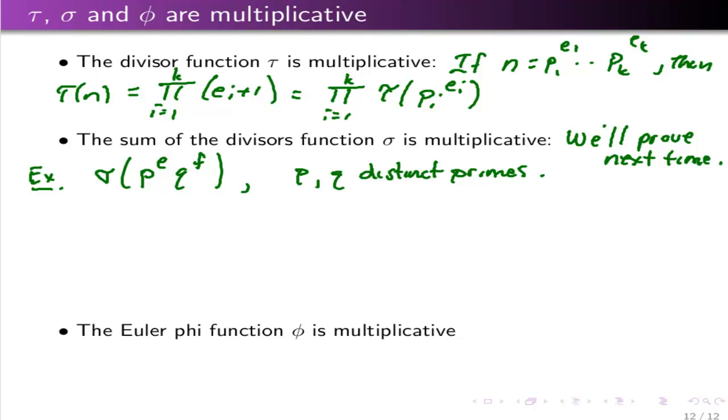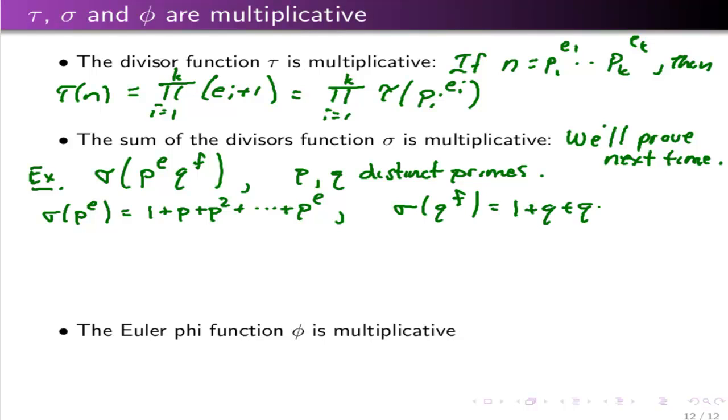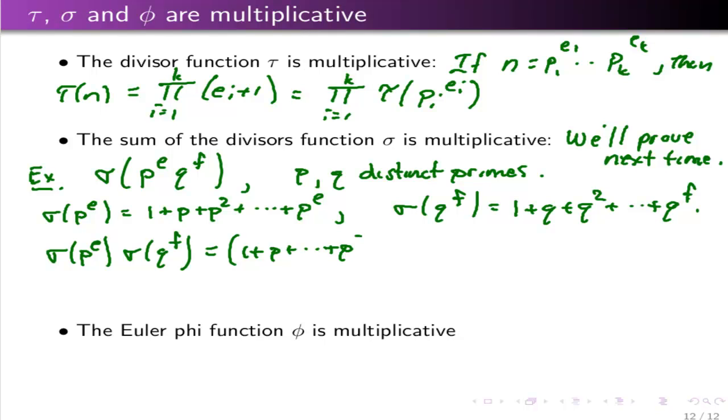Well, let's start by looking at sigma of p to the e. So this is just add up all of its divisors. Then sigma of q to the f means add up all of its divisors. Look what you get when you multiply these out. Sigma of p to the e times sigma of q to the f is this sum times this sum.